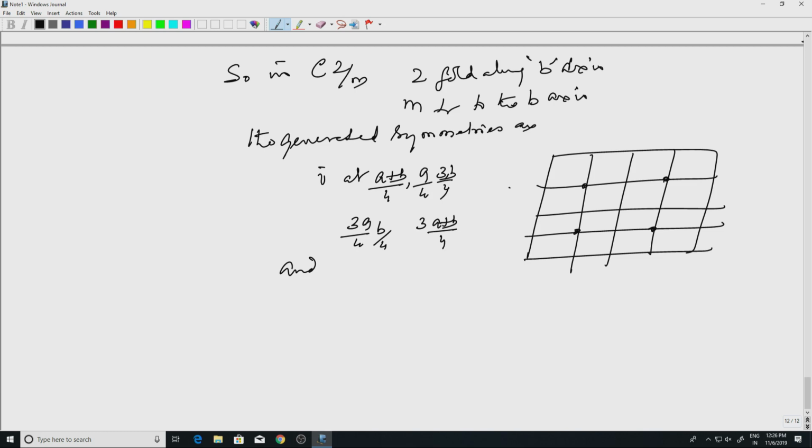And screw along B at A by 4 and 3A by 4 along B.